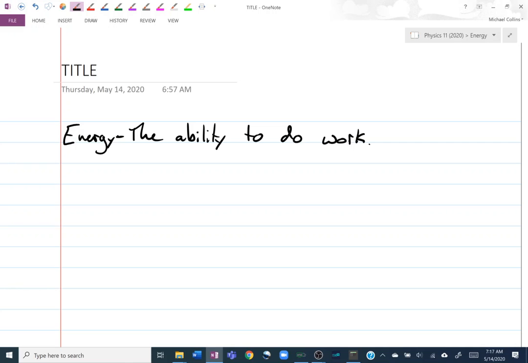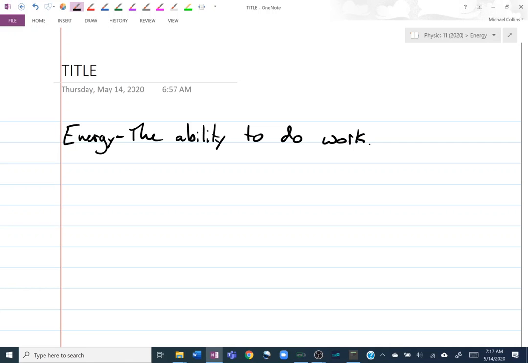It doesn't necessarily mean that the thing is going to do work, but it could do work. So when we think about some of our energetic friends in a classroom, they could take all of that energy and put it into doing work. However, frequently some of our most energetic friends don't necessarily put all of that focus into doing something that we would consider constructive or work.